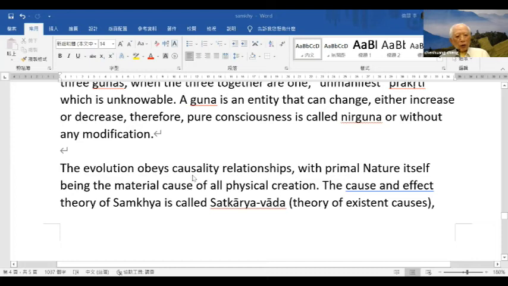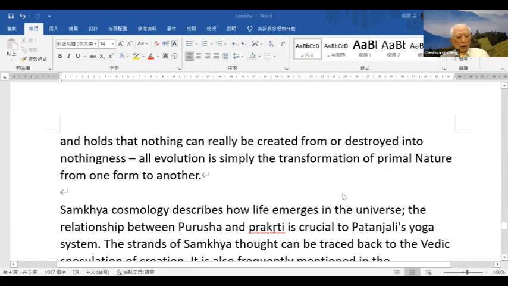The evolution obeys a causality relationship, with primal nature, or primordial nature, or self-nature itself, being the material cause of all physical creation. The cause and effect theory of Samkhya is called Satkaryavada, or the theory of existent causes, and it holds that nothing can really be created from or destroyed into nothing else.